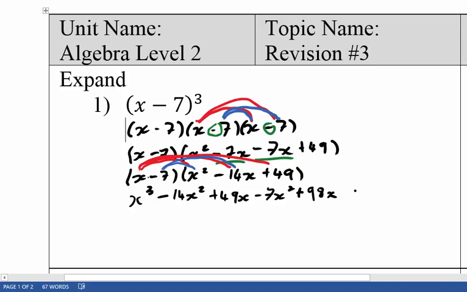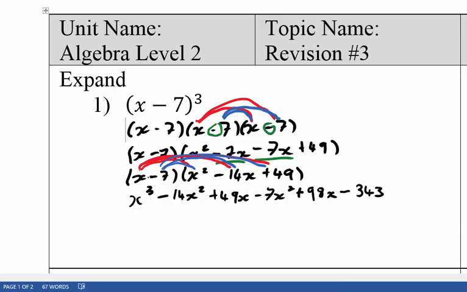Of course you could do that on your calculator. And then negative 7 times positive 49 is a very hard one, so I'll actually use my calculator for that. 7 times 49 is 343, and it's a negative times a positive, which is a negative. So negative 343, and there's no x because there's no x.